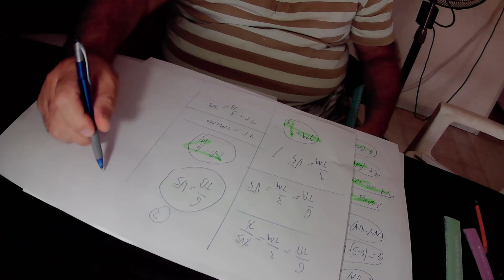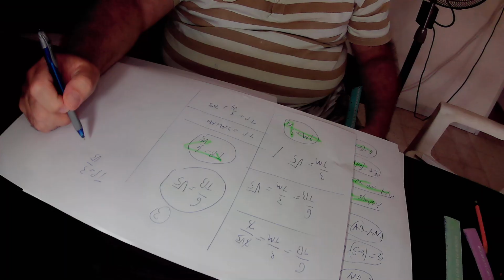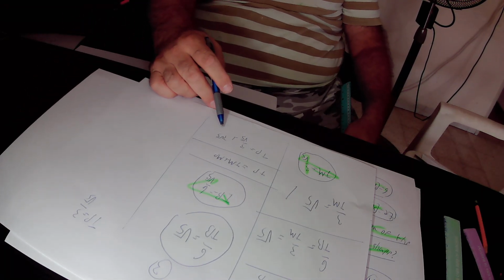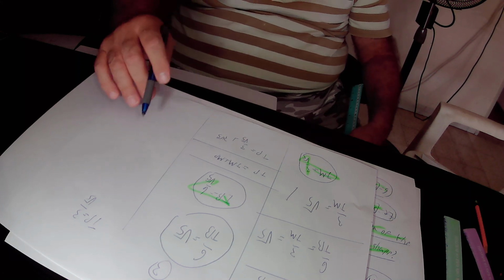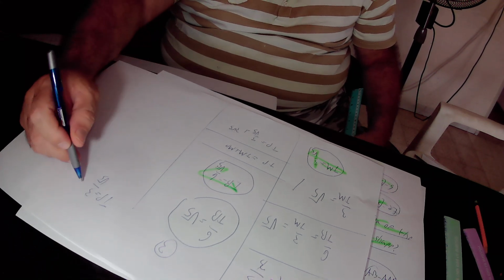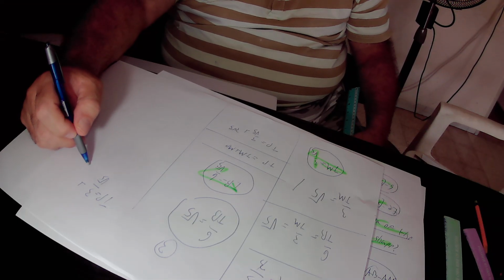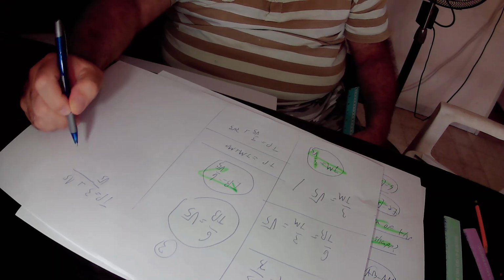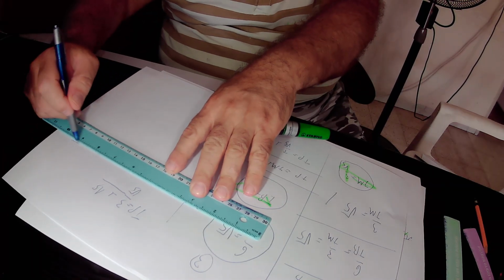Here we multiply 3 times square root of 5 by square root of 5, and then divide by square root of 5 in order to get a common denominator. 3 times square root of 5 times square root of 5 is 3 times 5, which is 15 over square root of 5.